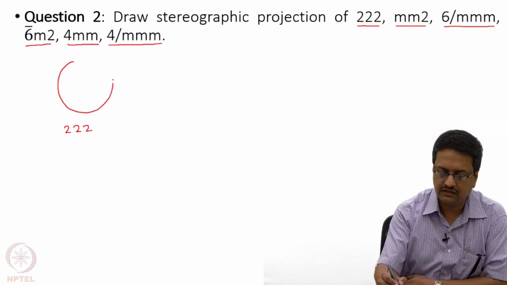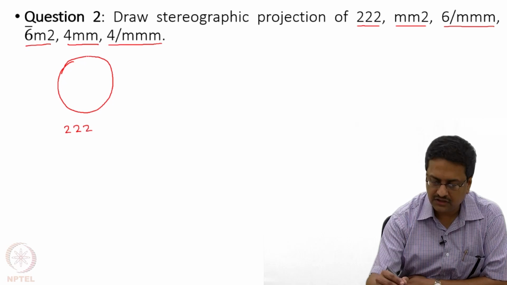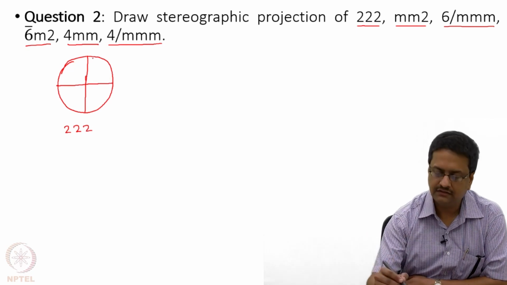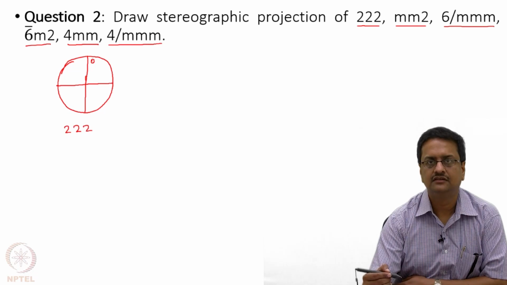First we draw a circle, and for our easy understanding we divide it into 4 parts and then put one open circle which represents my object.